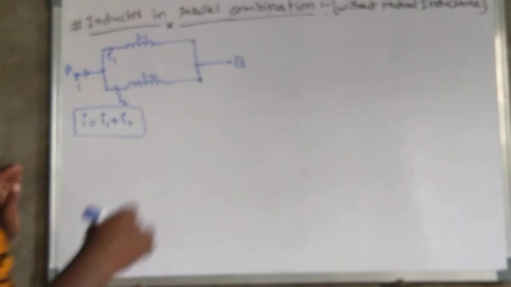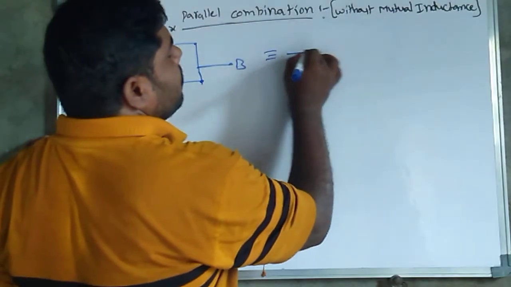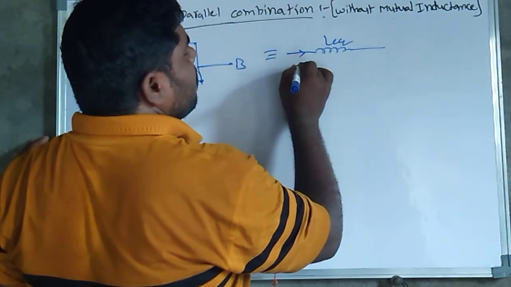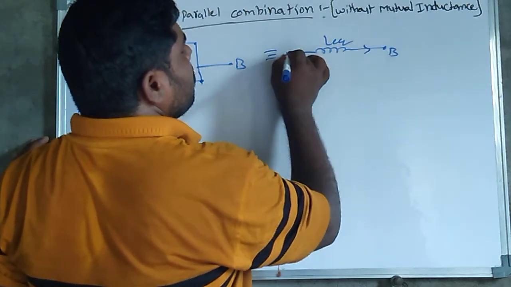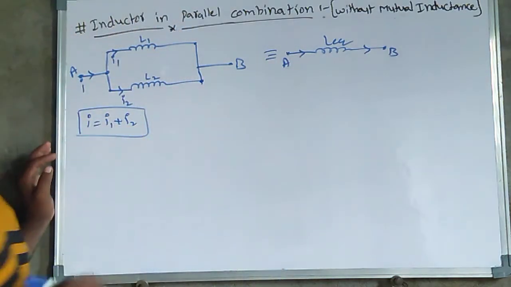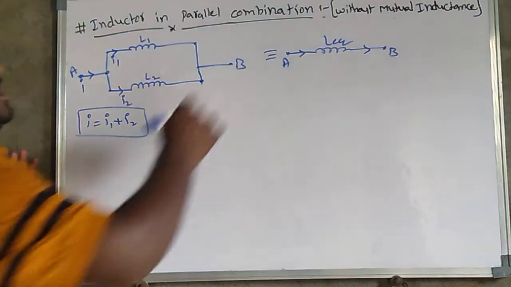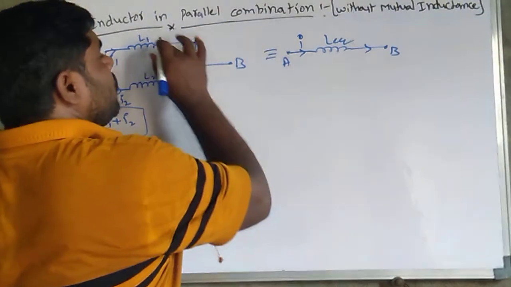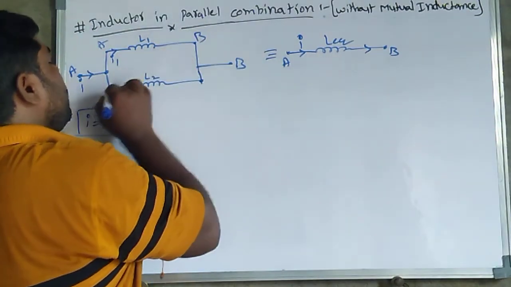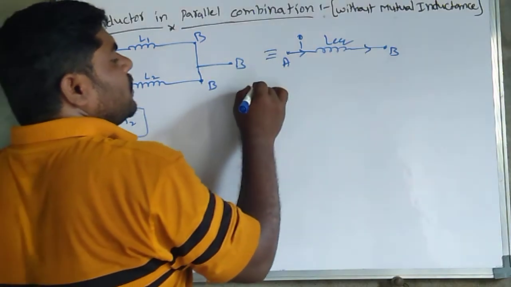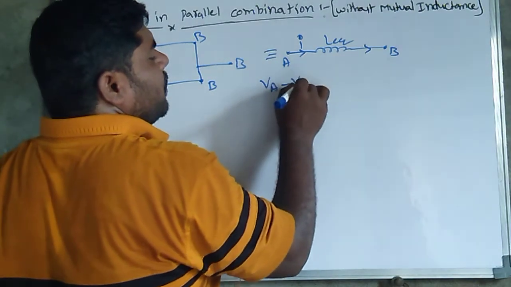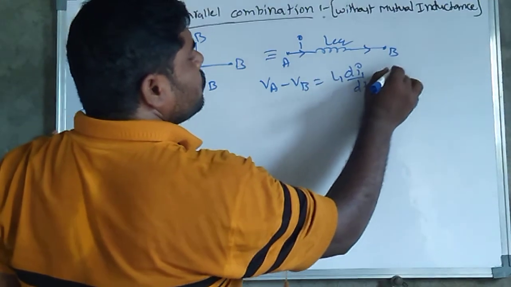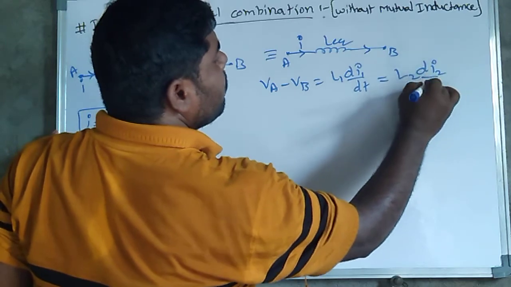Now I am going to redraw the diagram. This is the net equivalent, L equivalent, between point A and point B, with the current I passing through this resultant inductor. Here VA minus VB is equal to L1 di1 by dt, which is equal to L2 di2 by dt.